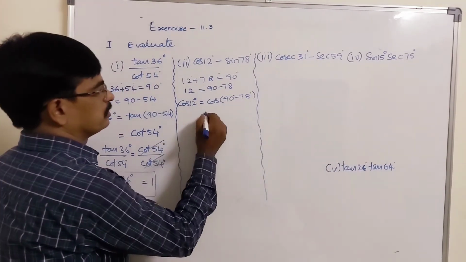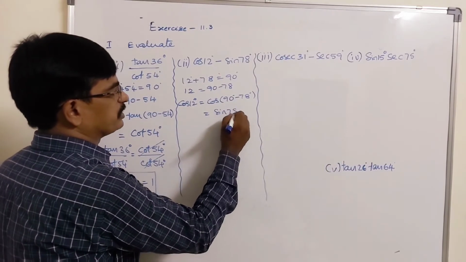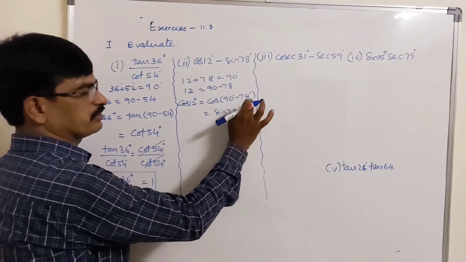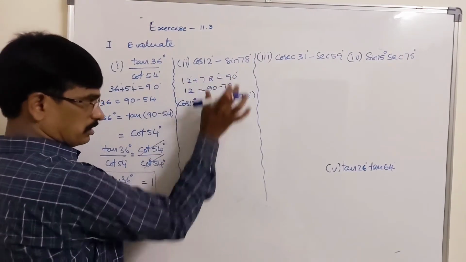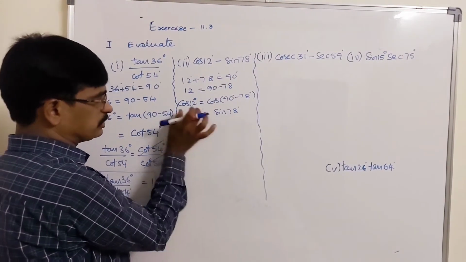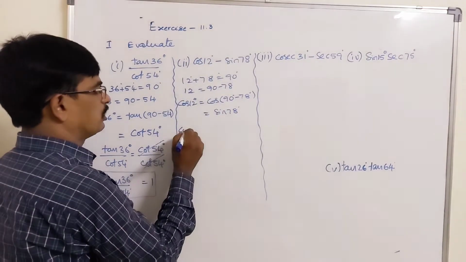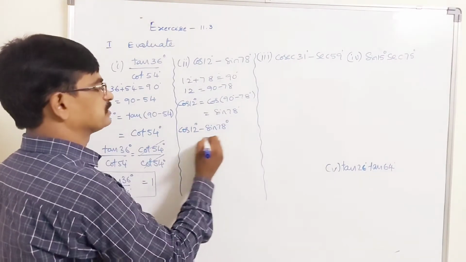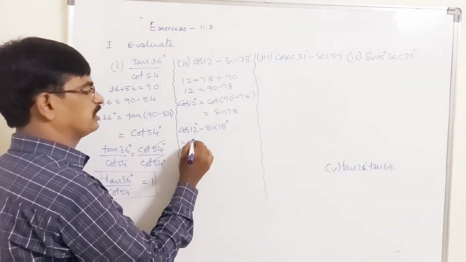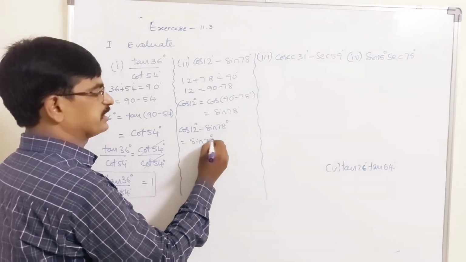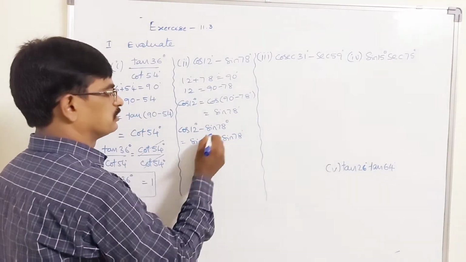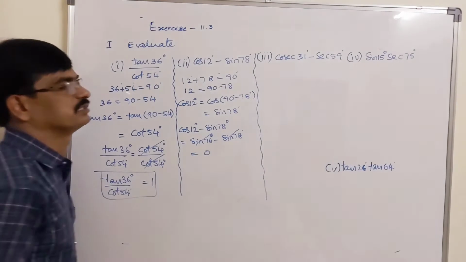Then we get sin 78, because cos of 90 minus theta is sin theta, where theta is 78 degrees. Now replace cos 12 with sin 78 in the question. Cos 12 minus sin 78 degrees is equal to sin 78 degrees minus sin 78 degrees. Both are cancelled. The result is 0.